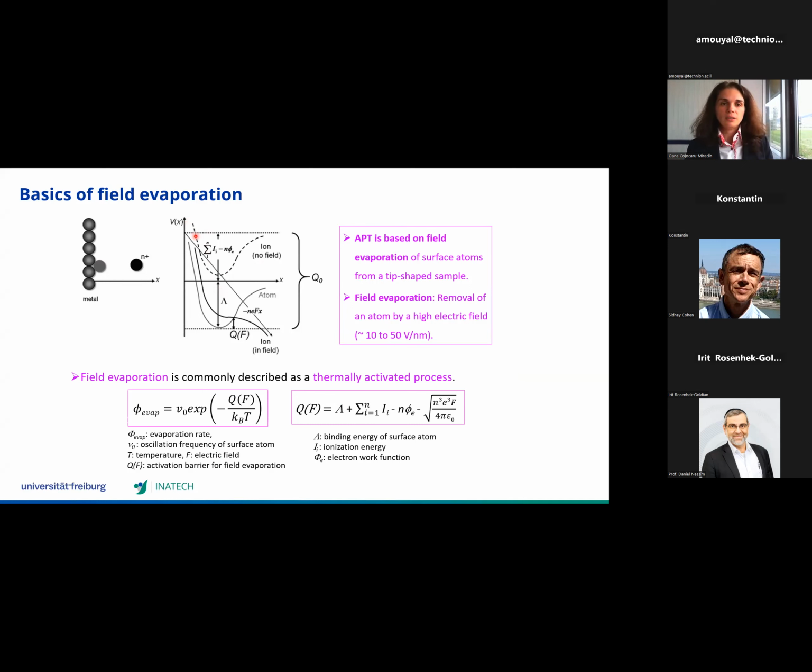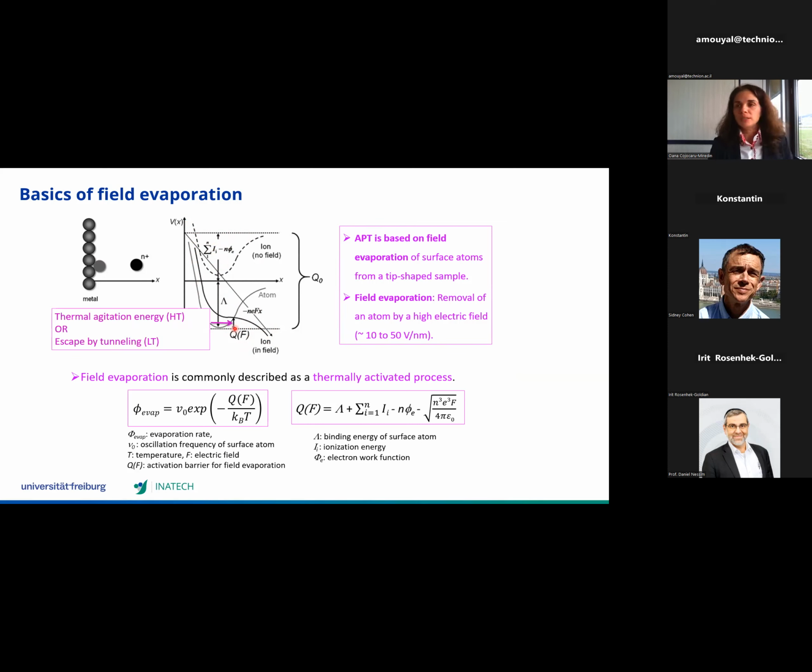Now, if we have it in the ionized state, we see already that this potential barrier is slightly reduced. But the big advantage is that if we apply a field, the potential curves change strongly. You see here how the potential curve for an ion changes when we apply a field. Basically, we end up with a very small activation barrier for field evaporation, QF, that we need to overcome so that we have field evaporation.